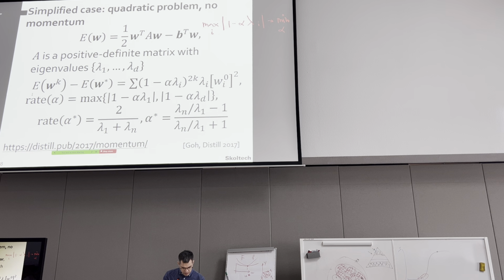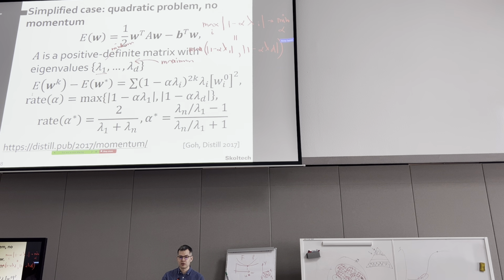So let's suppose that lambda 1 is the minimum eigenvalue, so we have sorted eigenvalues, and lambda d is the maximum eigenvalue, and by selecting alpha, we actually see what's going on. And actually this maximum is equal to the maximum of the absolute values of 1 minus alpha lambda 1 and 1 minus alpha lambda d.